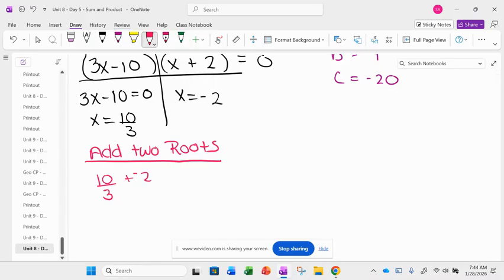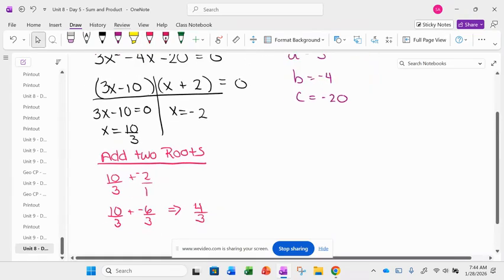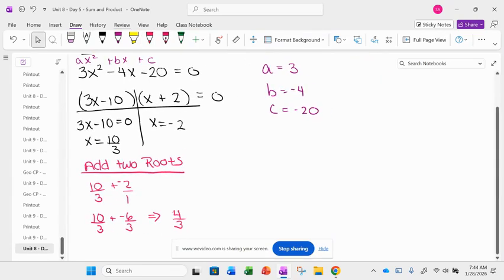In order to add these, we need a common denominator. So I'm going to have 10/3 plus -6/3, which is going to give us positive 4/3. If I'm looking at this, positive 4/3, well, isn't that denominator A?